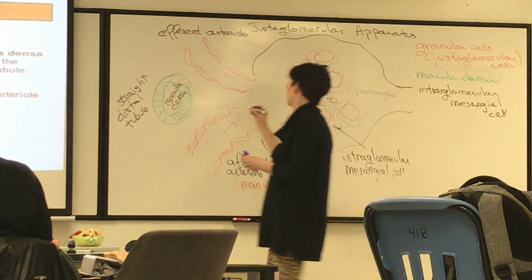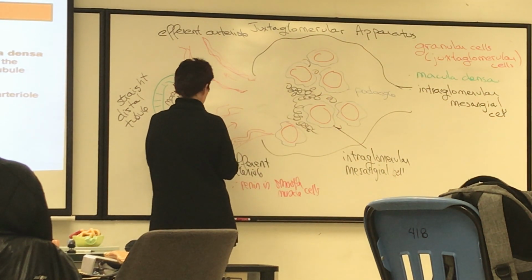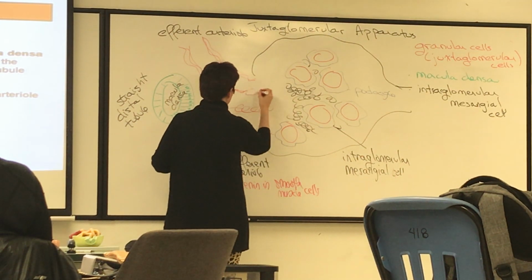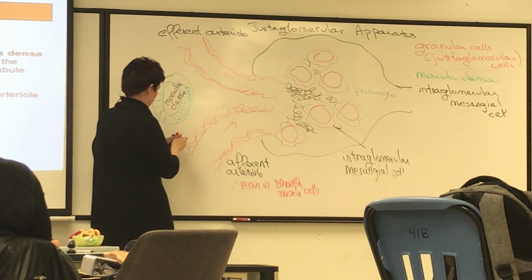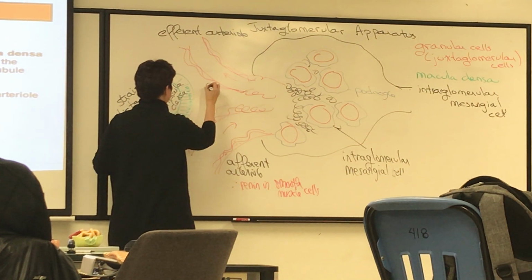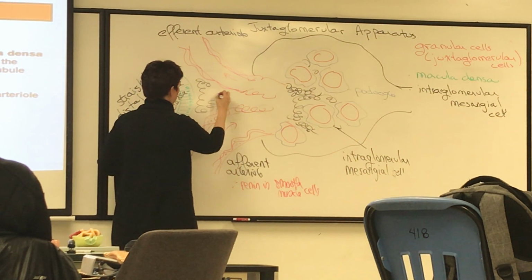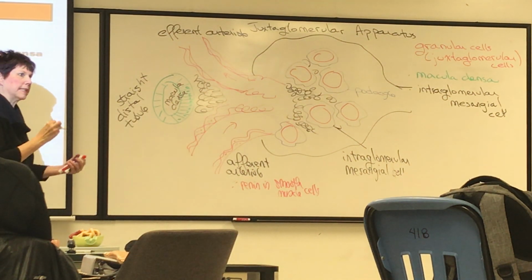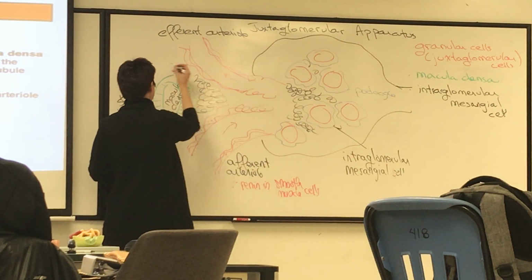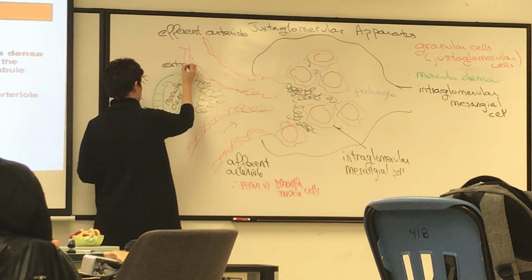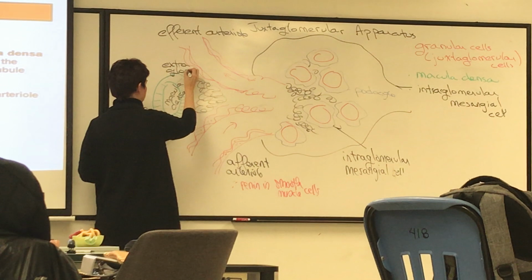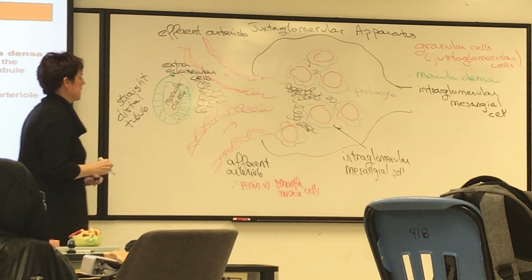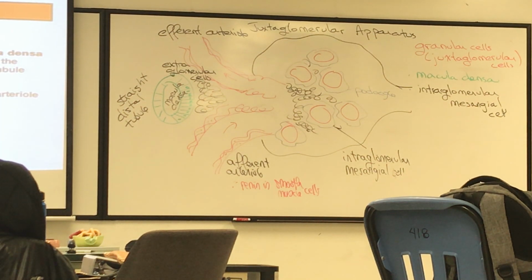And the intraglomerular are found here. I'm not going to label them because I'm not going to test on them. Intra means inside, and these are extraglomerular, meaning they're outside, glomerular mesangial cells.